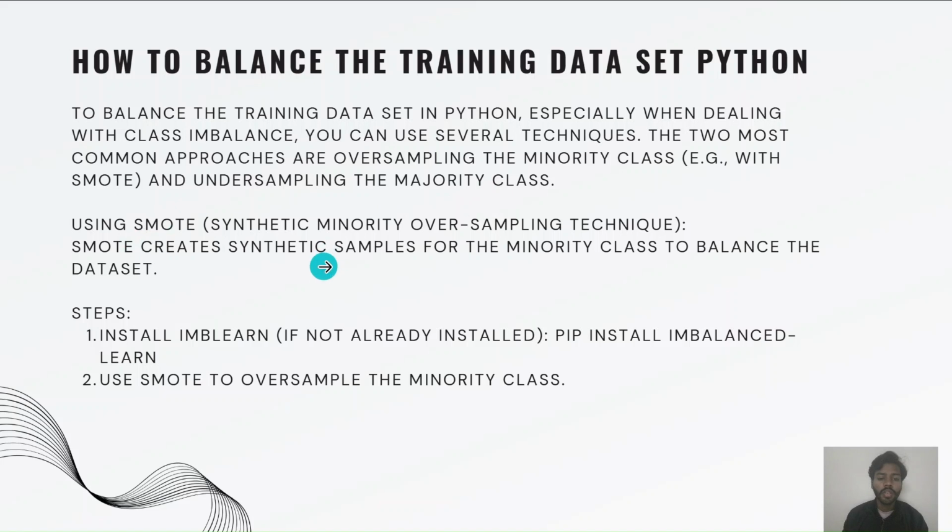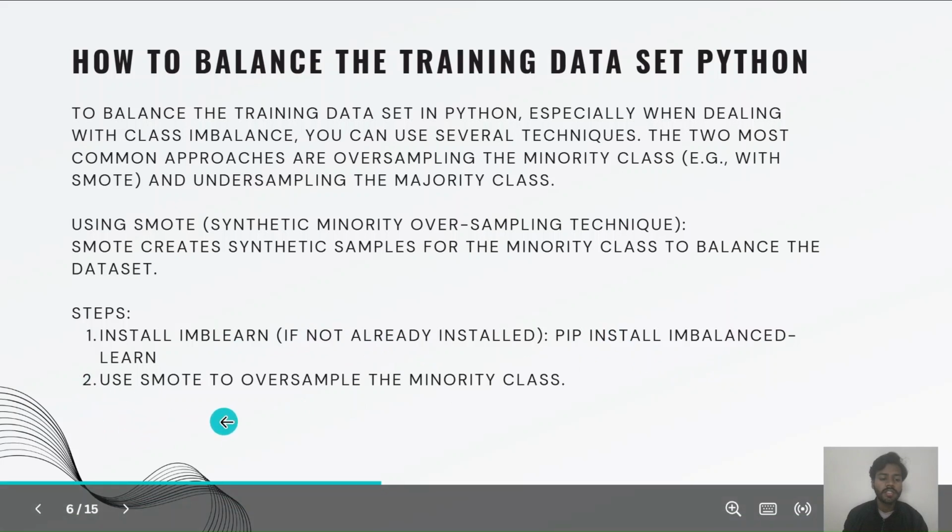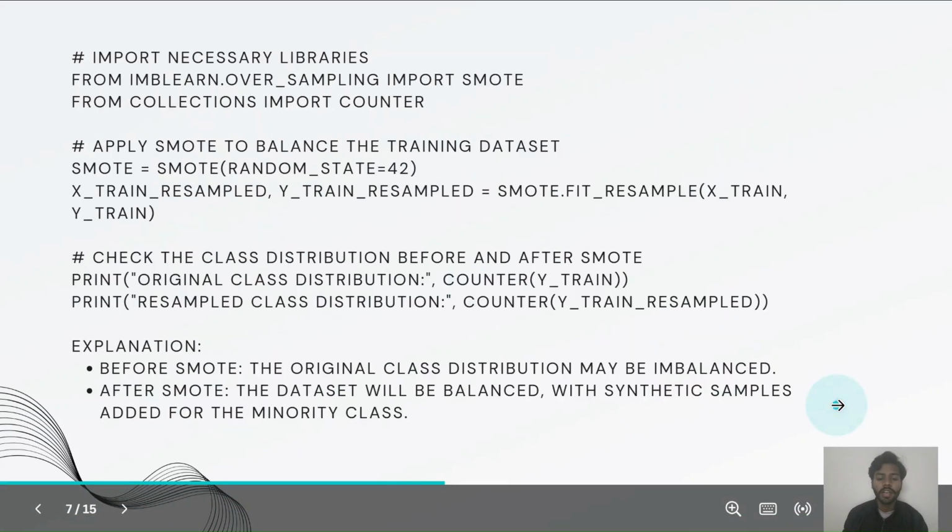So, using SMOTE, which means Synthetic Minority Oversampling Technique. SMOTE creates synthetic samples for the minority class to balance the data set. There are two steps to use SMOTE. First, install imbalanced-learn: pip install imbalanced-learn. Second, use SMOTE to oversample the minority class.